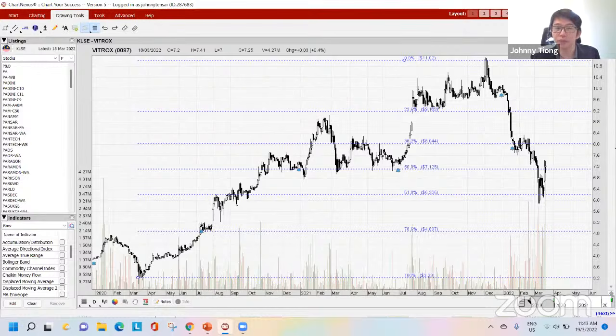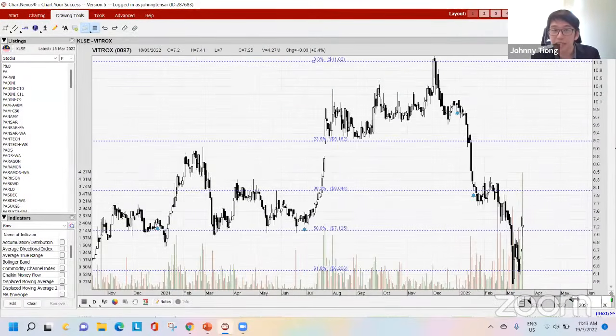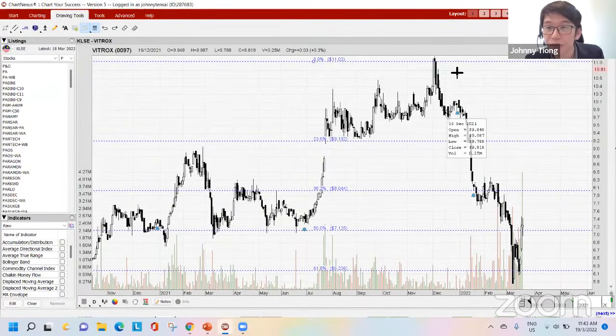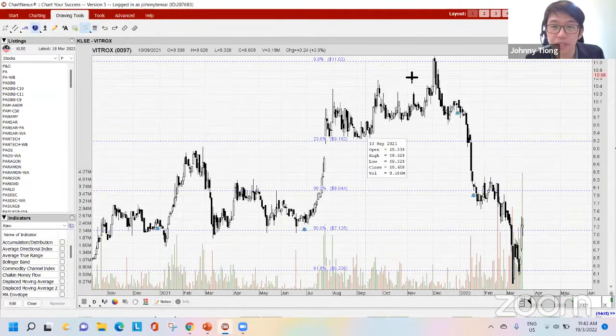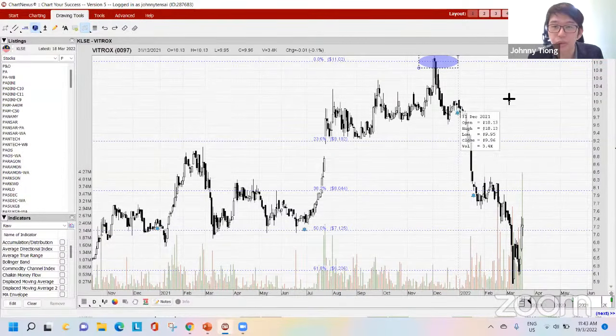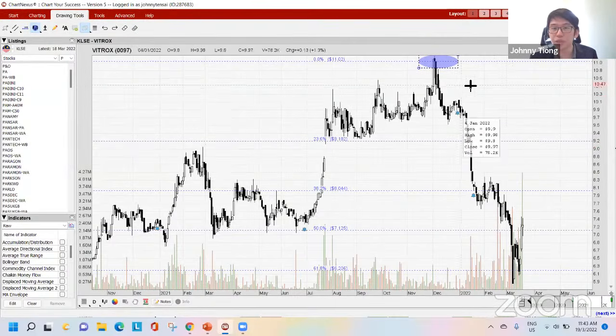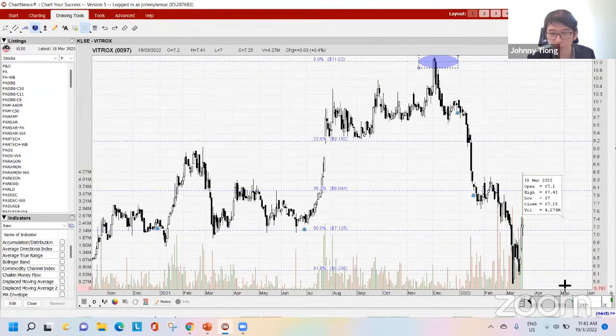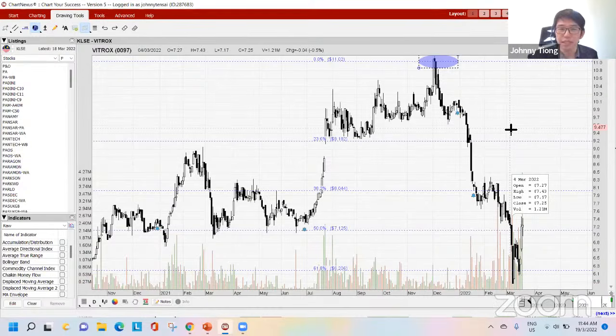For example, for this VTROX chart, I know the previous high is 11 ringgit. So I know that in order for this stock price to one day break up through this 11 ringgit, I need higher volume. So yes, we can use this to forecast.